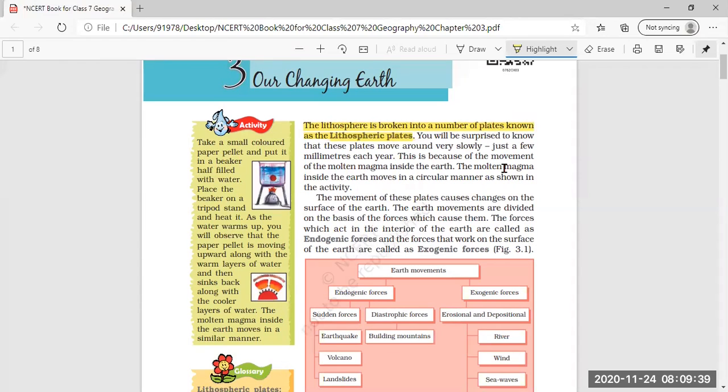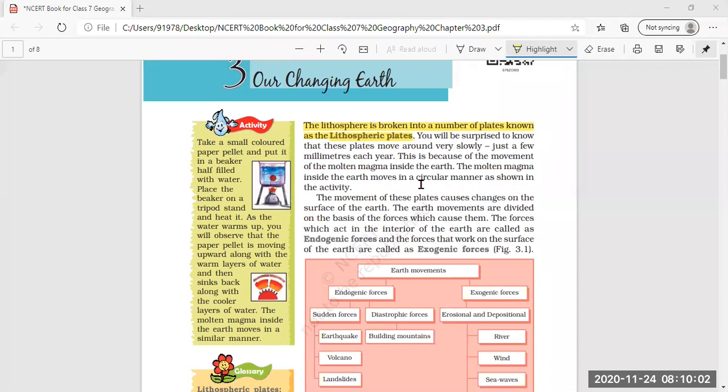Now you will be surprised to know that these plates move around very slowly, just a few millimeters each year. That means many plates are there deep inside the earth, and those plates move very slowly. We can't even feel that movement.